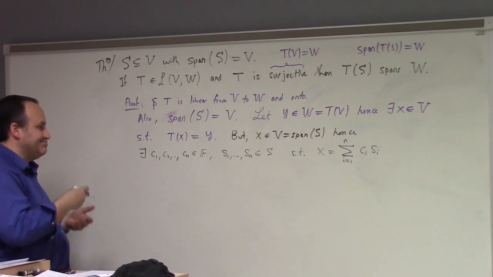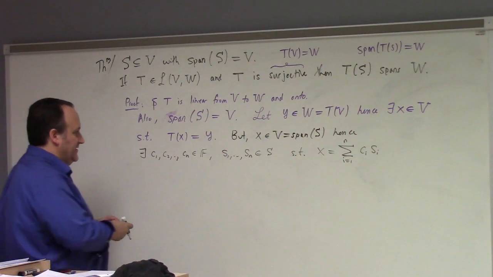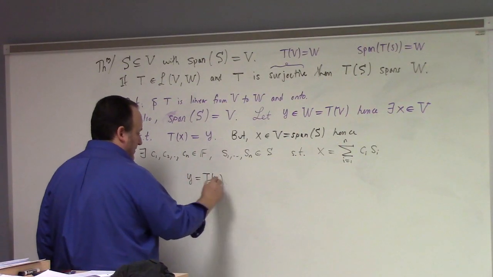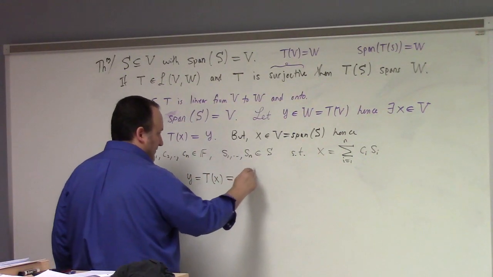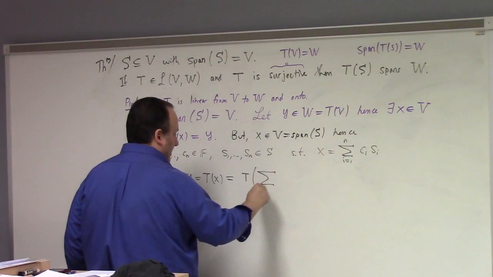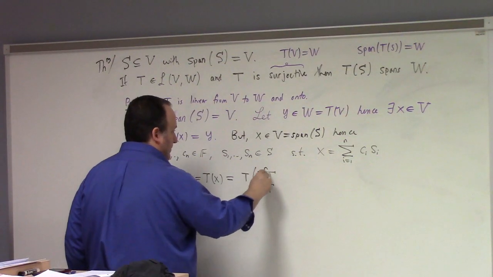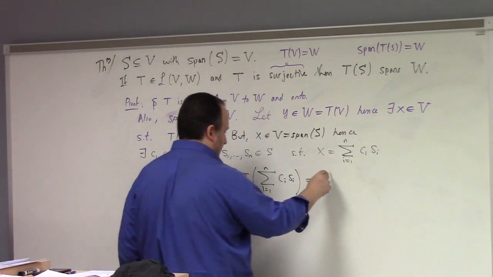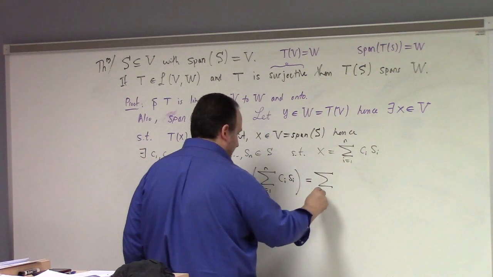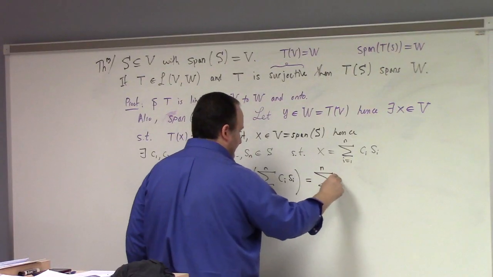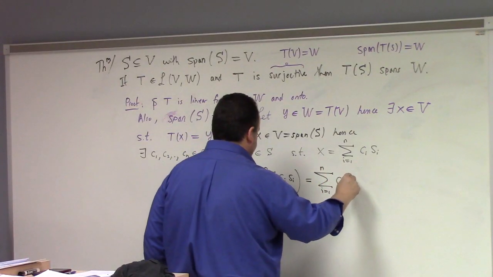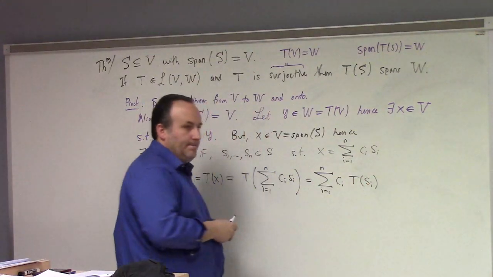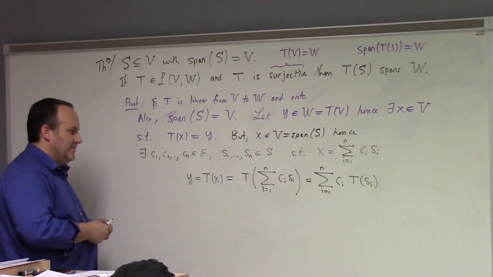So that means that T of x, which is y, is actually equal to T of this summation, which we can pull the constants out of and the sum out of by linearity of T, you see. But what are we looking at now?